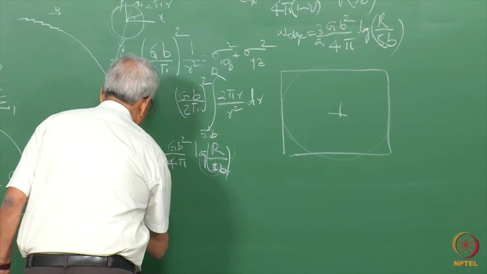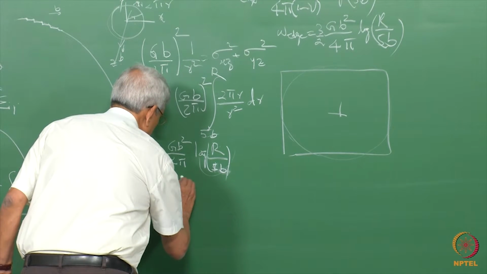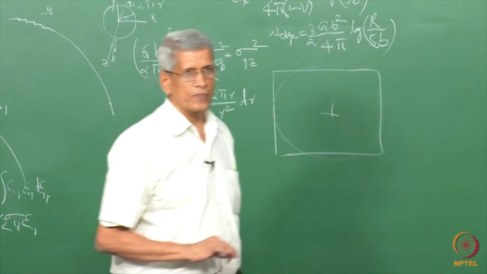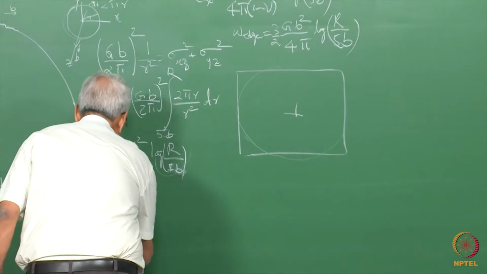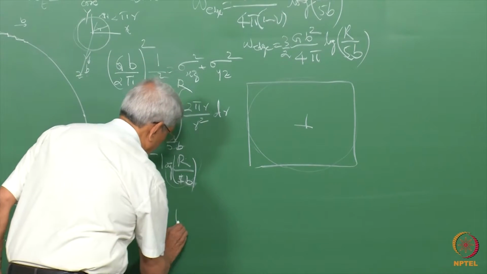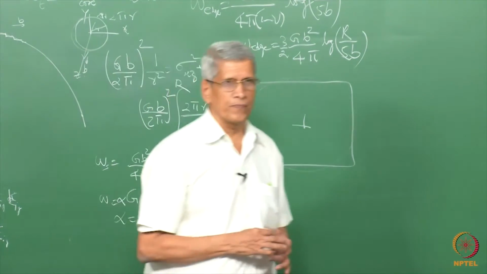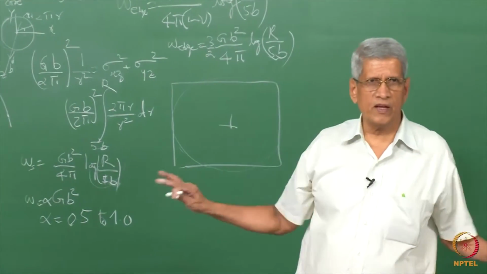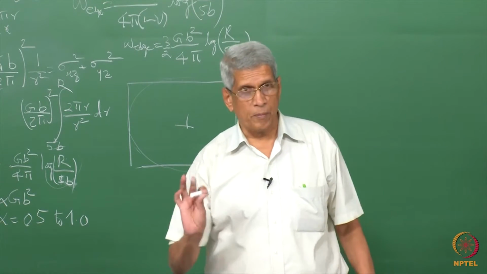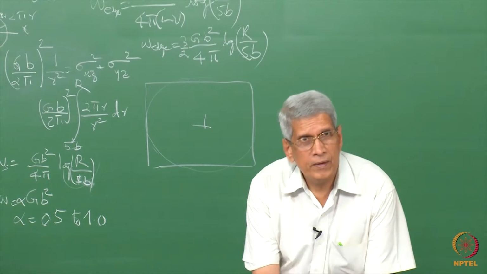Generally it is approximated to equal alpha Gb squared, this sort of an expression which is being used, where this value of alpha can change from 0.5 to 1, because the rest of the terms are assumed not to change much. This is an approximation only, okay. Is it clear?